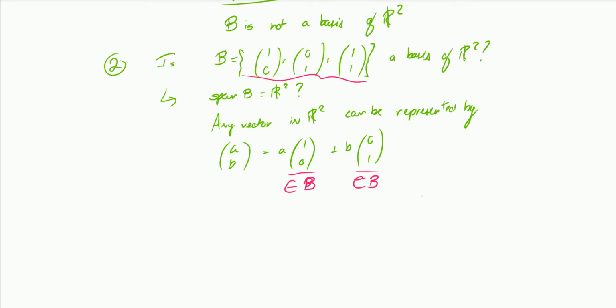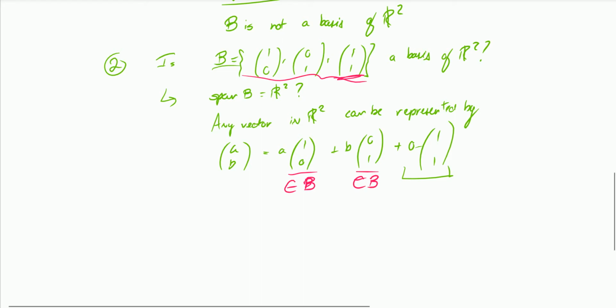Okay, so it doesn't really matter in this case that (1, 1) isn't part of this equation. We could just write that (a, b) is a times (1, 0) plus b times (0, 1) plus 0 times (1, 1), if we really wanted to show that (a, b) was a linear combination of all the vectors in B. But this part doesn't really matter.